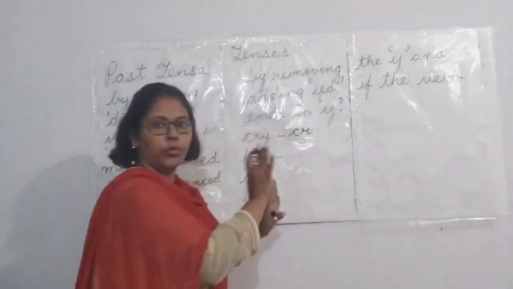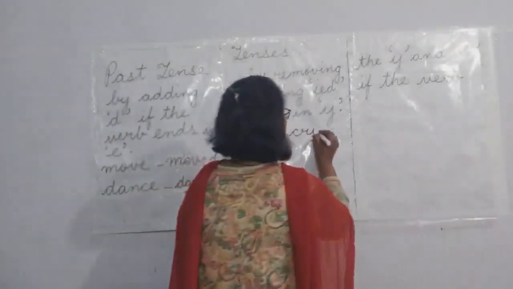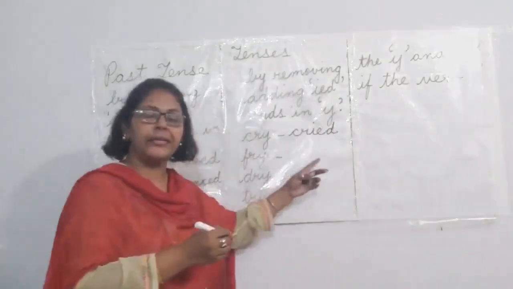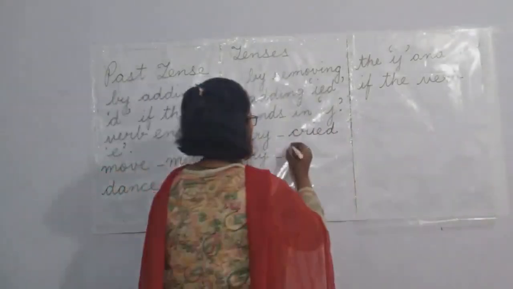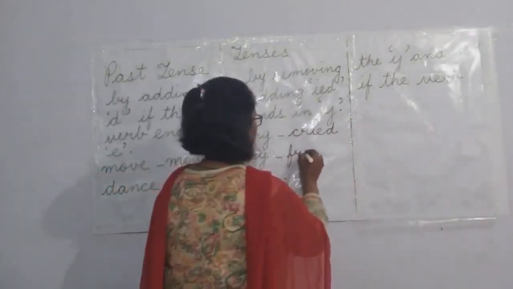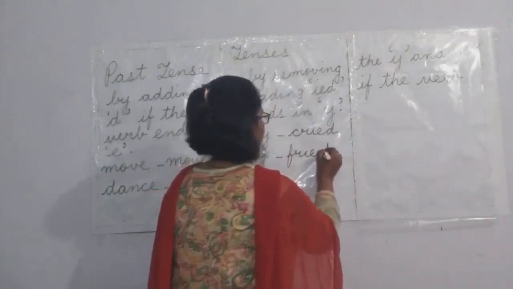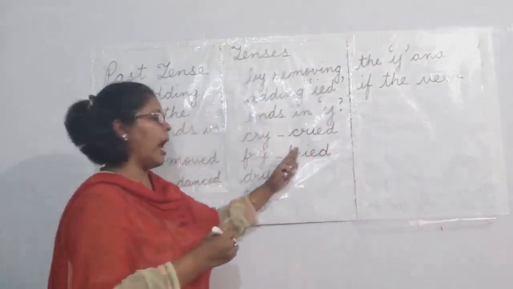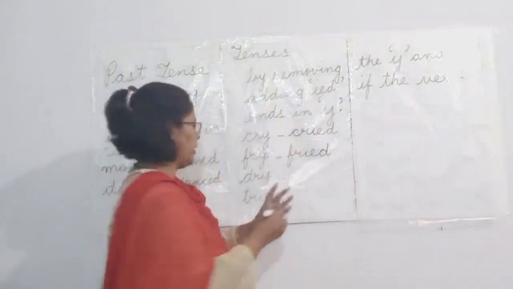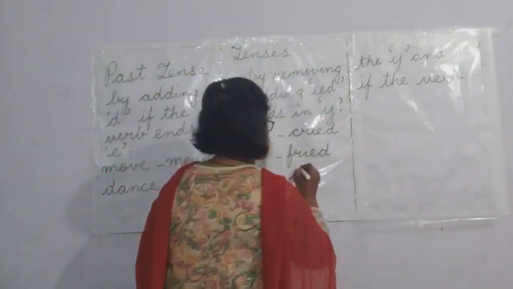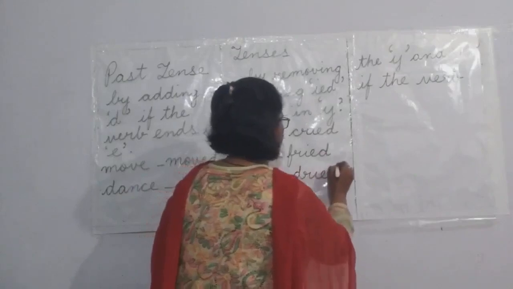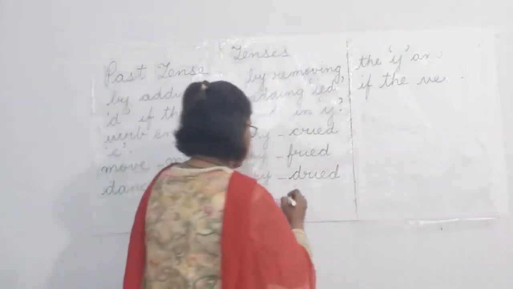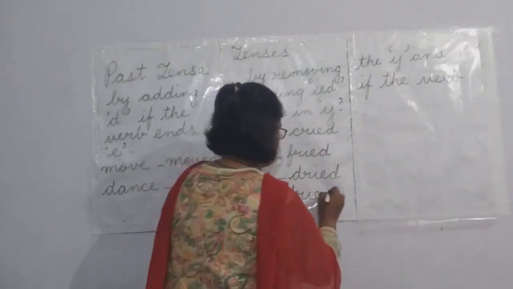Y we will remove it and write here IED. Cry, cried. Fry, fried. Y is removed and IED is put there. Try, tried.